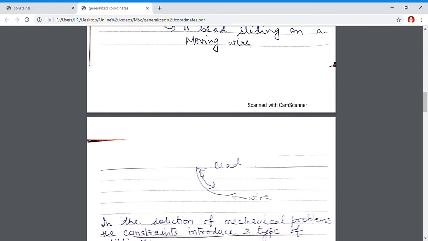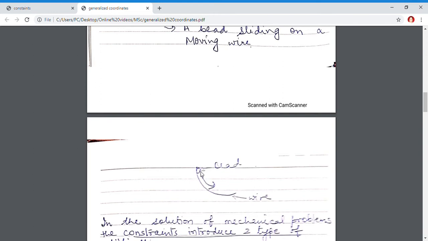Since this wire is rotating, it will have a definite time period. So the motion of the bead on this wire will also have a definite time period. That means there is a constraint that the bead will move on the wire, but this constraint is time dependent. It depends upon the time period of the wire. Hence, this is an example of rheonomic constraint.